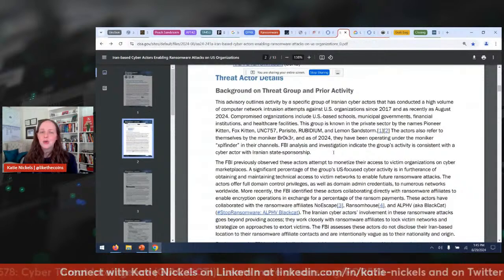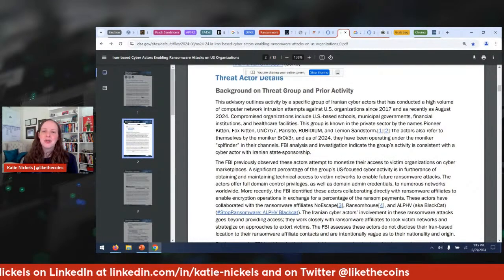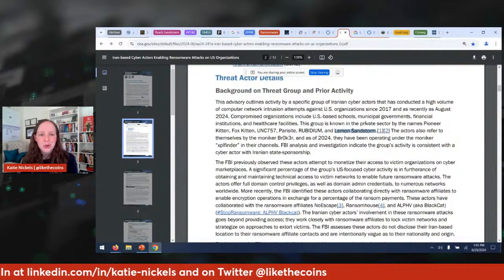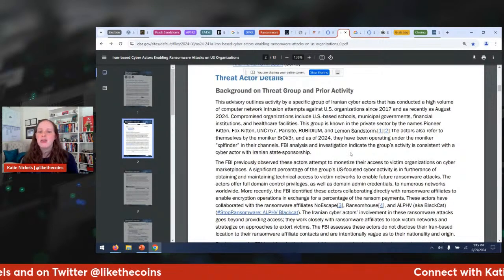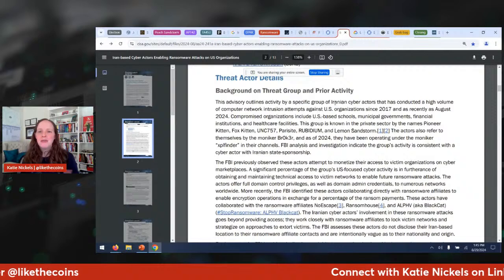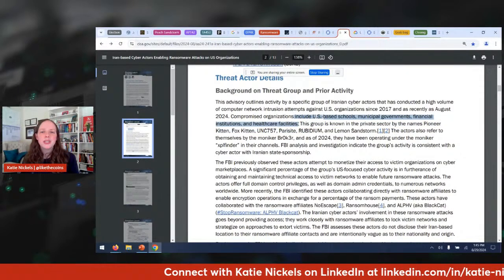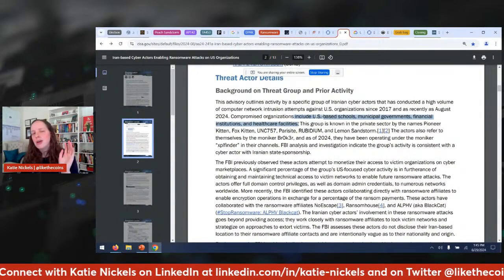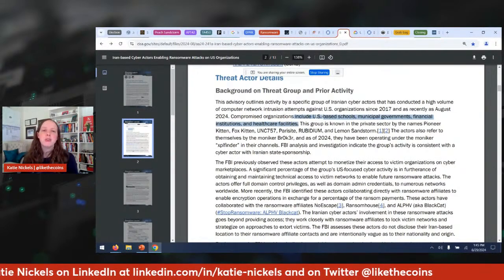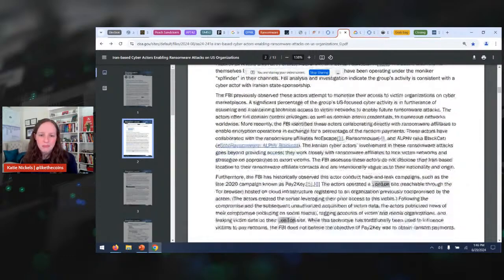So if you like your group names, we've got group names here. This one, very delicious sounding, Lemon Sandstorm, is a Microsoft name. Again, if you don't care about the group names, don't worry about it. If you're in one of these organizations, schools, governments, financial, healthcare, cool. Go look at the TTPs, think about if you're protected. If you don't care about the names, don't worry about them.